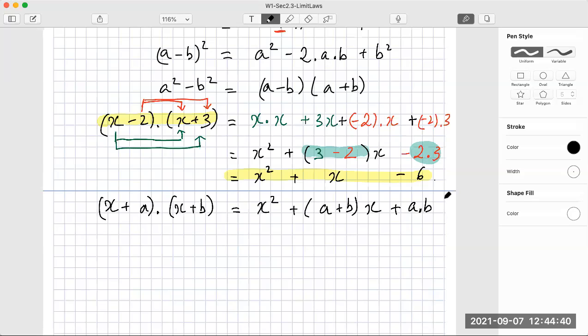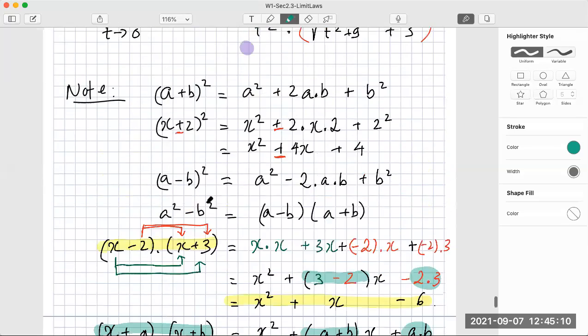So in the future, keep in mind that we can manipulate this. This is a number, and we write it as a product of two numbers. And if we see the sum here, we will manipulate it and try to get this product. Now, go back to the example before.